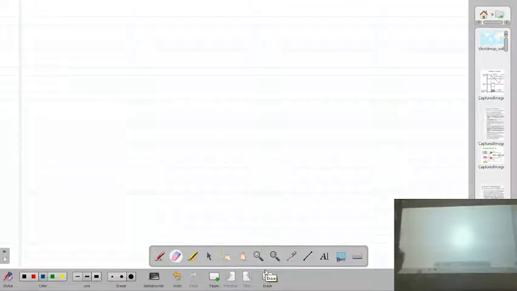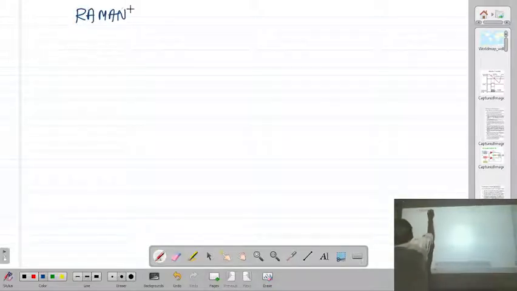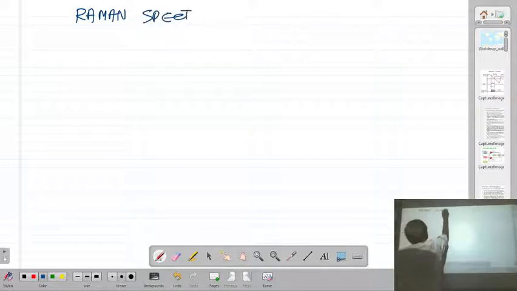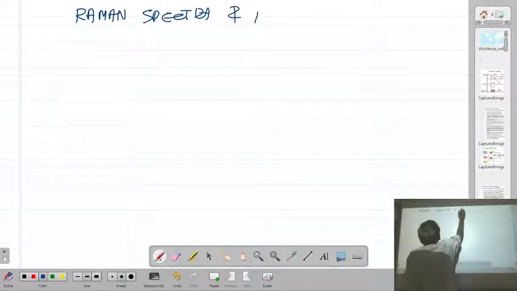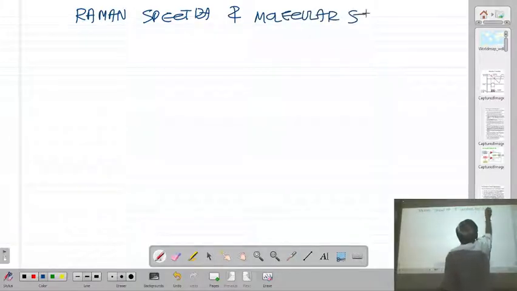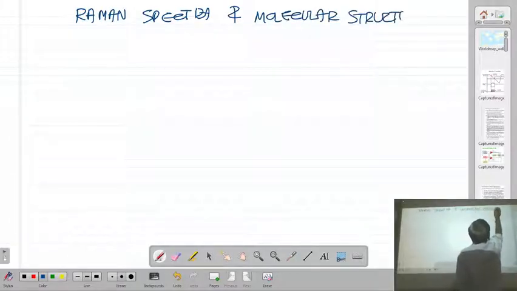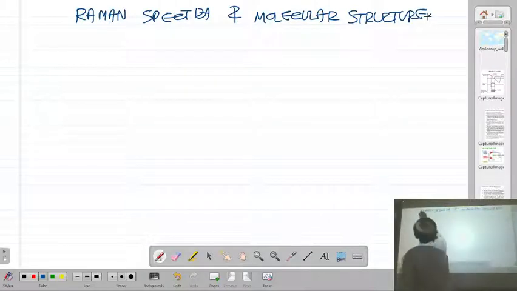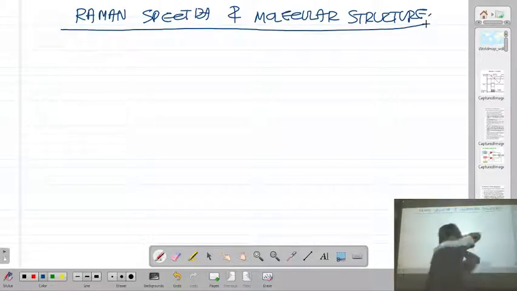Now, the application of Raman spectra and molecular structure. With the help of Raman spectra, you can study the shape and symmetry of the molecule.